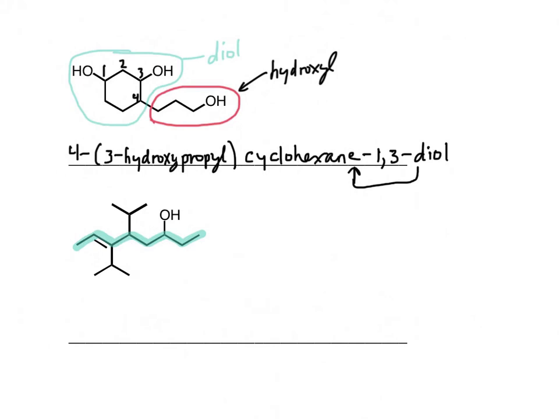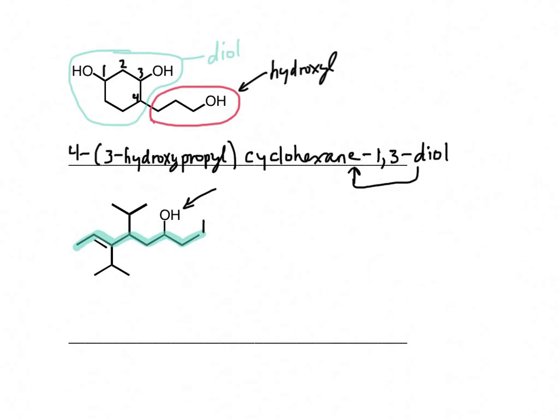That's going to dictate the numbering. If it's an alkene, I want to start numbering from the alkene side. If it's an alcohol, I start numbering to give the alcohol the smallest number. Alcohols have priority over alkenes. So we are going to number with that OH having the priority and thus the smallest number.